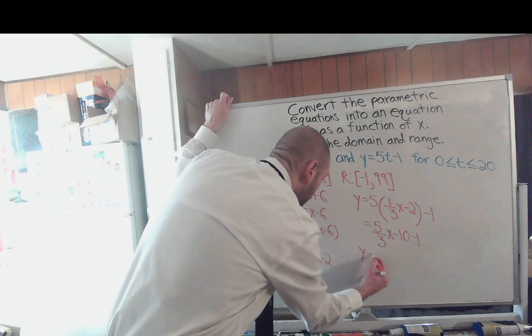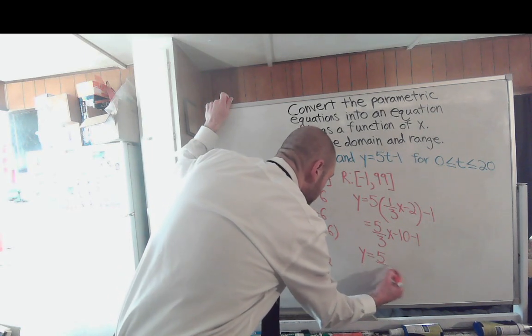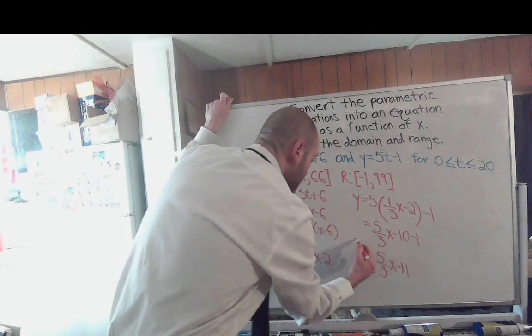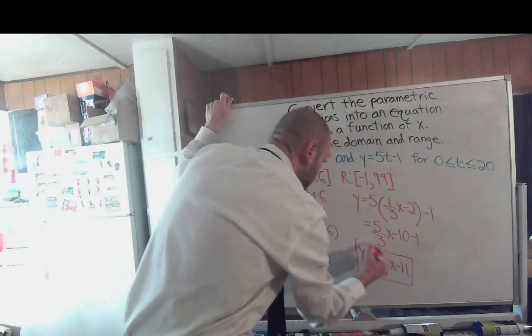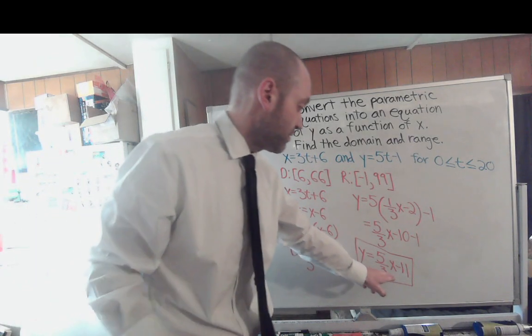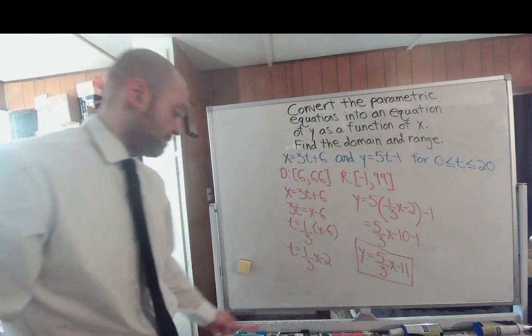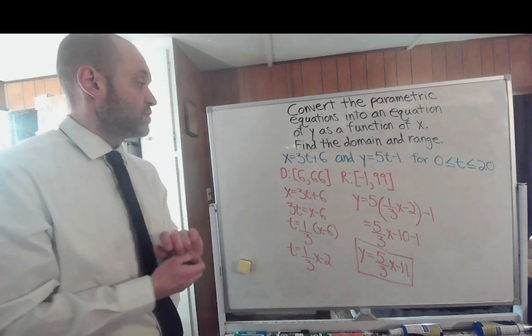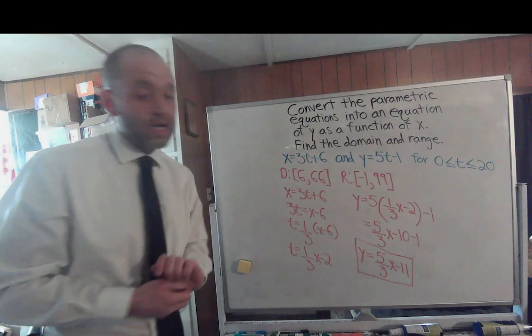So that means y would be equal to 5/3 x minus 11. That's how you would find an equation for y as a function of x. So y would equal 5/3 x minus 11. Alright, so there's that. Now I've got 3 more problems, then we're done.